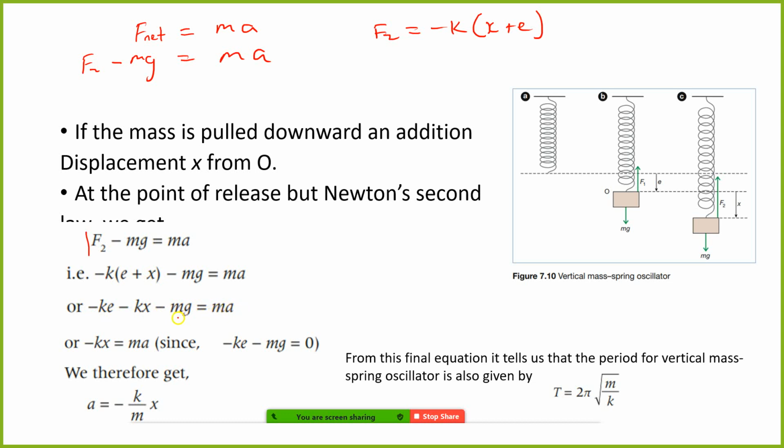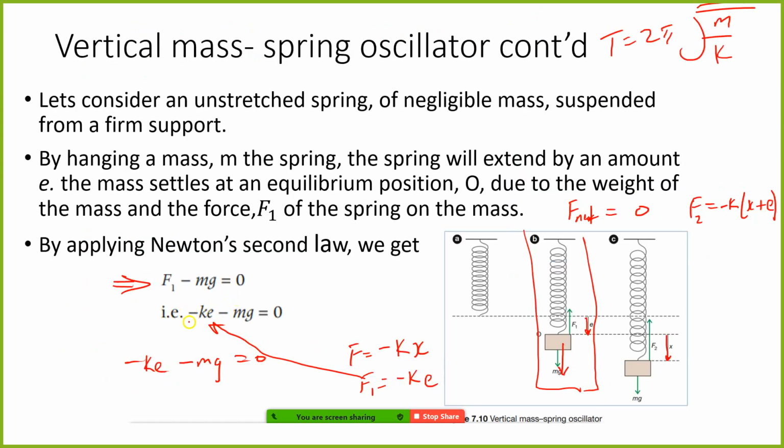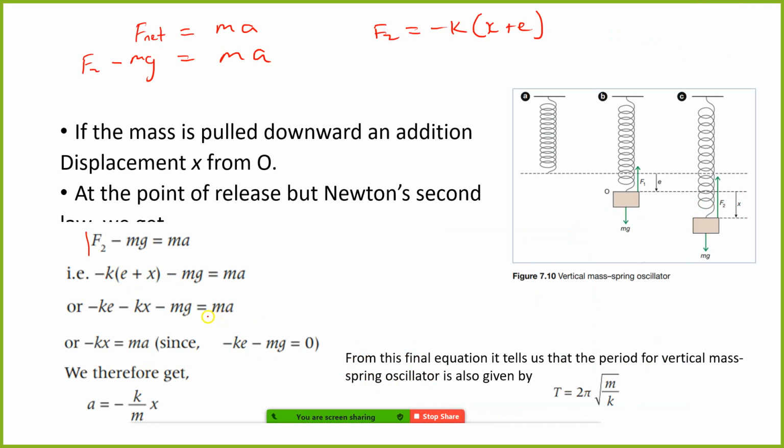Now, if we go back around here and look back at this equation, where we're seeing minus ke minus mg, let's see something here. If we remember, minus ke minus mg is equal to 0.